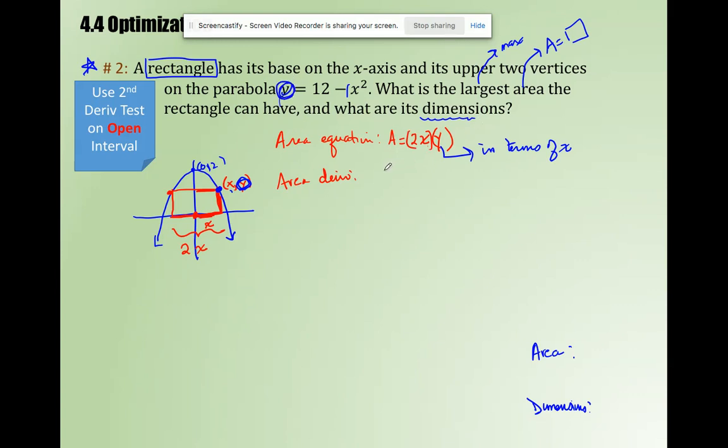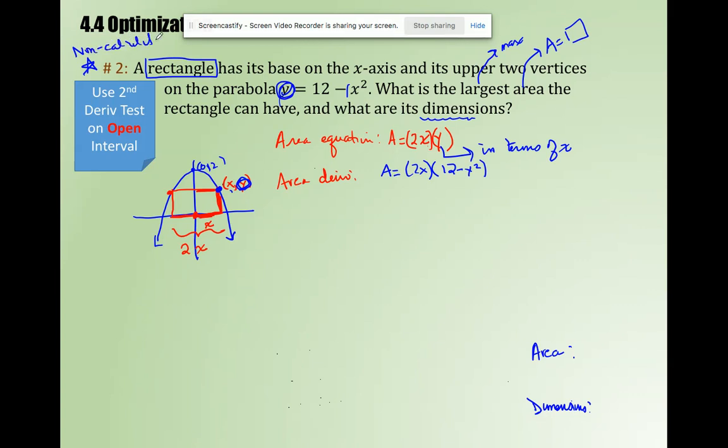So my area equation is, there's the base or the length, not just x, twice x, and then y. Nice, right? This also would be on a non-calculator part.